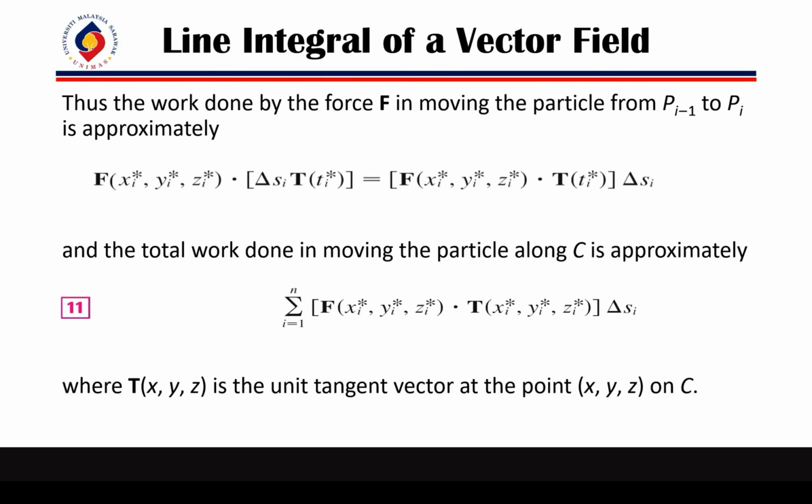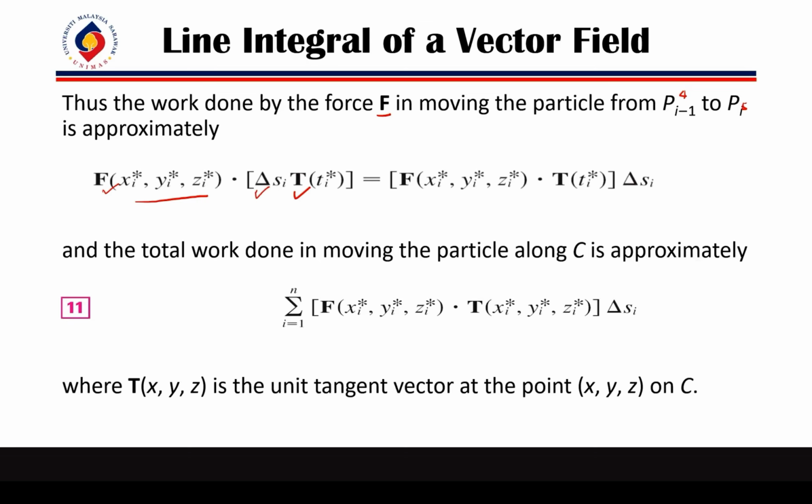Alright, then the work done by the force in moving a particle from, let's say here, P4 to P5 is approximately, we can use this formula here. It involves F, the force, and the unit tangent vector together with the ds, right?